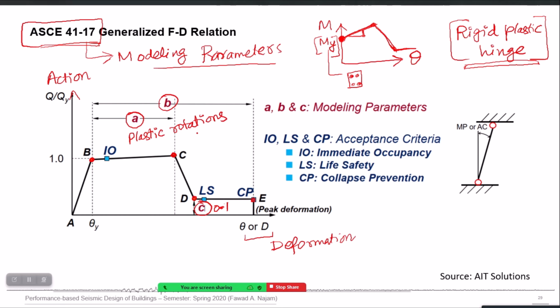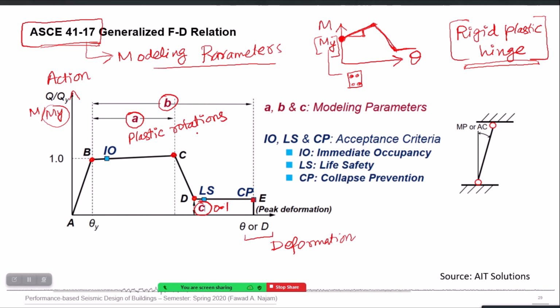So this number will be this particular height. On the y-axis, the value is already normalized by the yield quantity of that particular action. For example, if I am plotting moment versus rotation, then it is already M versus My, and My we can manually calculate also.